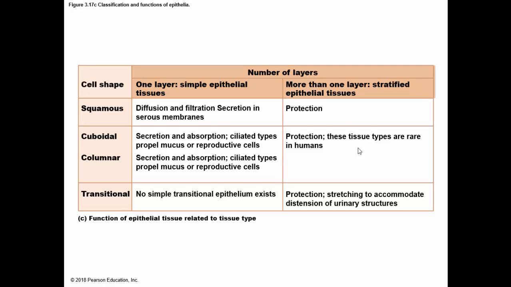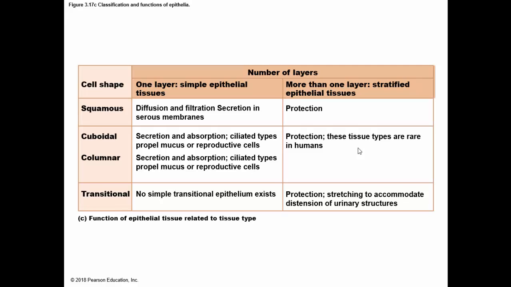If it's a single layer, we don't really have a lot of protection. If it's a stratified set of layers, there are no simple transitional epithelial, in this case a single layer, but for stratified epithelial layers you do have some stretching in terms of protection, and so this is what happens with your urinary structures.